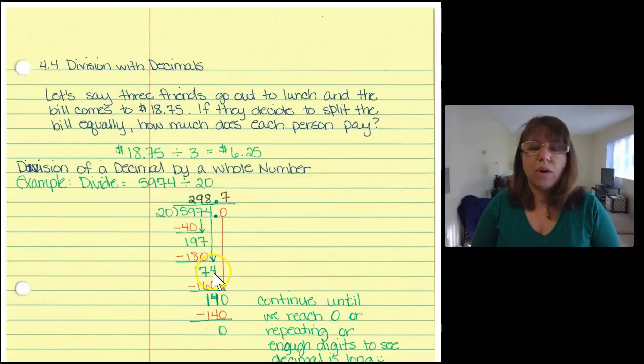Bring down the 4. Now, 20 divided into 174 goes in 8 times. 8 times 20 is 160. 174 minus 160 is 14. But at that point, my original number was done, 5,974.